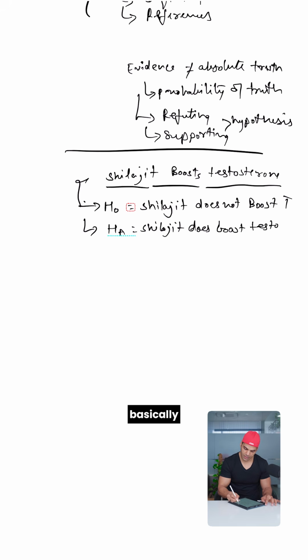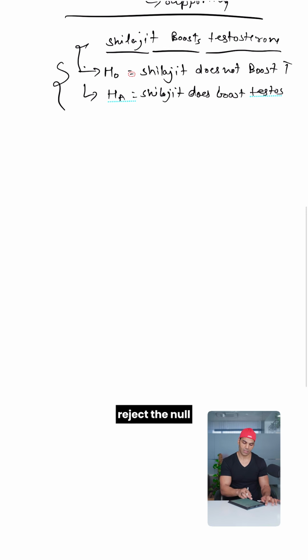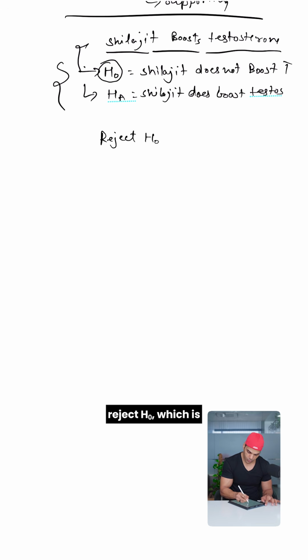So now this is basically the central theme of a study, right? In the study, what we are essentially doing is trying to reject the null value hypothesis, or reject H0, which is called the null value hypothesis.